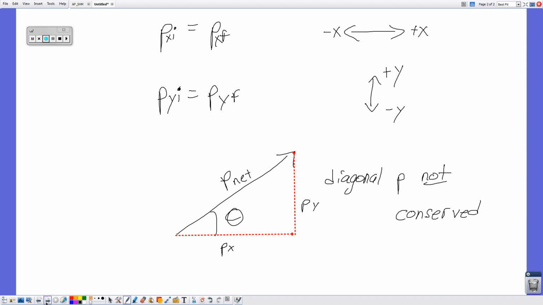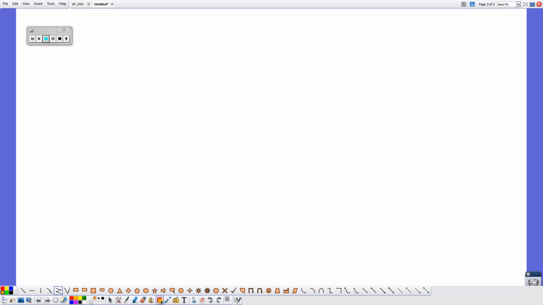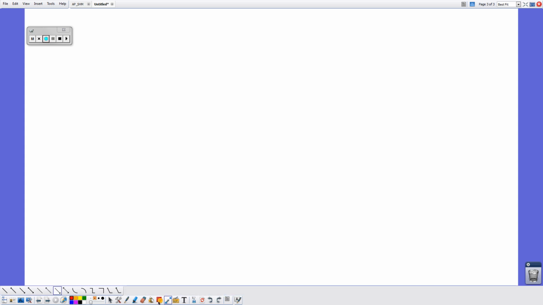Alright, so, a little bit of math stuff. You have gotten this before, but it's been a while. So, here you have your net momentum. Here you have your x component of that momentum. And here you have your y component of that momentum.